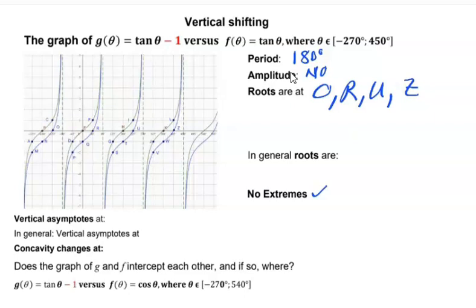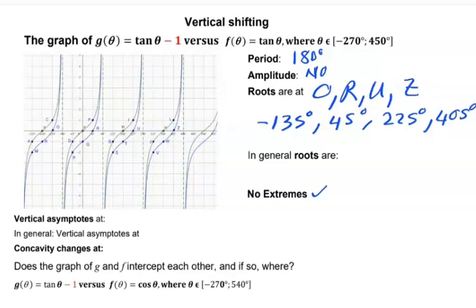And we notice that in this case it happened at minus 135 degrees, at 45 degrees, at 225 degrees, and at 405 degrees, etc., because there are more of them.